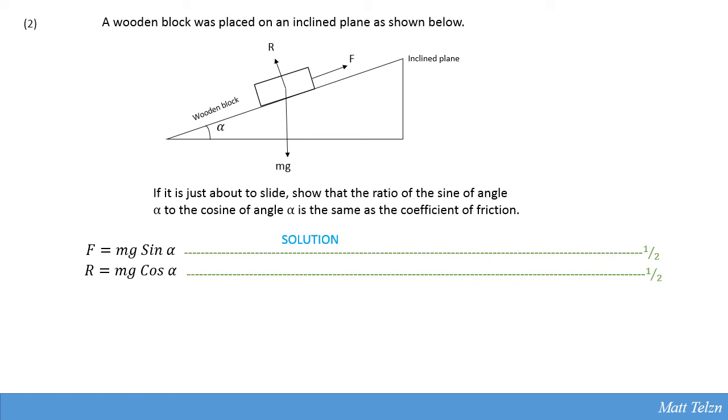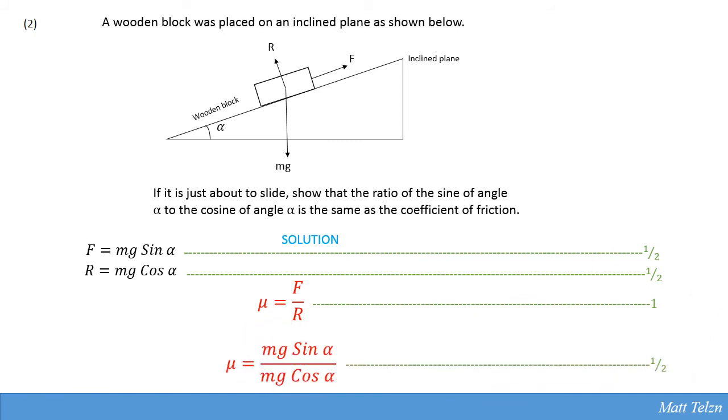Now our coefficient of friction is equal to F all over R, and the mark allocated to this formula is 1 mark. Now correct substitution, you have your half mark for correct substitution.